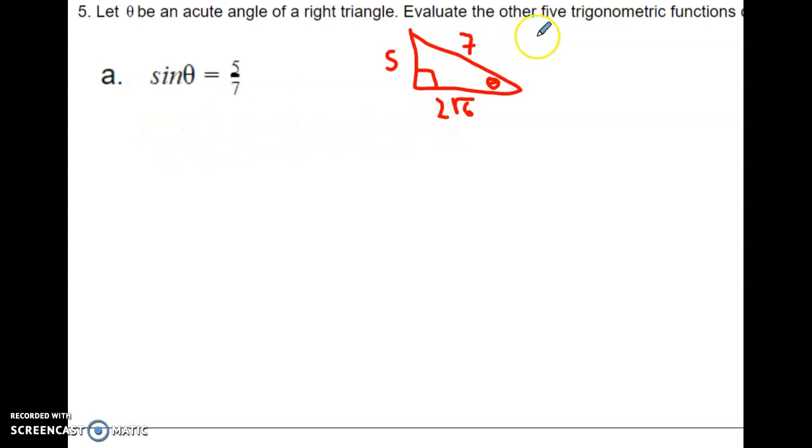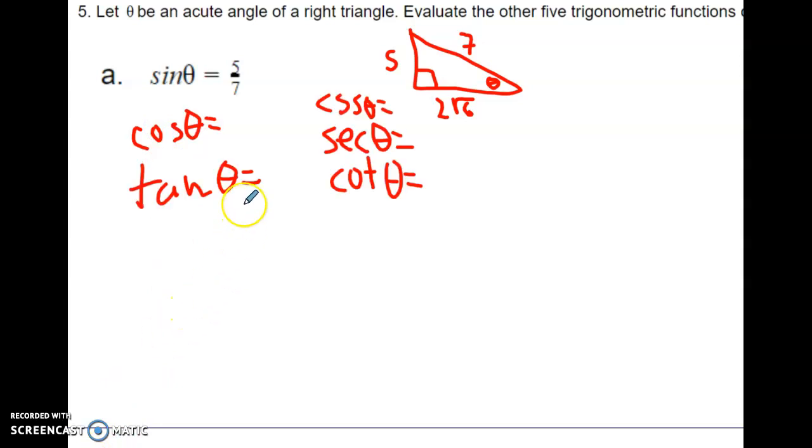So now we're looking for the other 5 trigonometric functions. Sine is given already, so I have to find the other 5. I'm going to go ahead and write those in. Alright, I have them already written in, so I'm just going to find the cosine is going to be 2 square roots of 6 over 7, adjacent over hypotenuse.